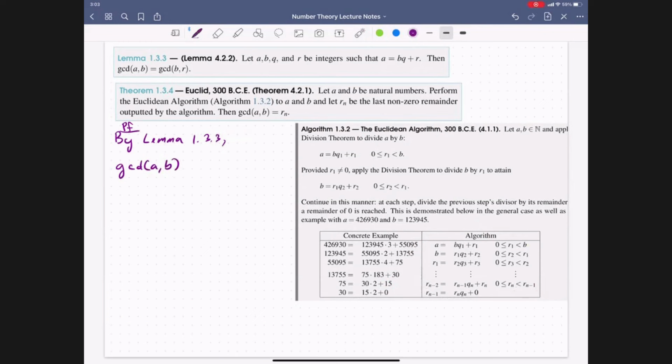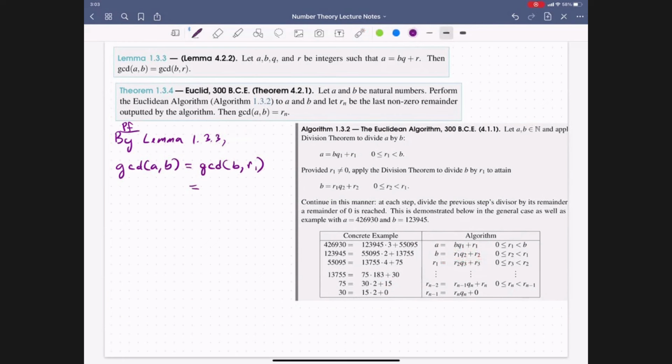So by the algorithm and lemma 1.3.3, we know that GCD of A, B is equal to the GCD of B and r1. But then when we get to B and r1, then we have this equation here. And so then the GCD of B and r1 is the same as the GCD of r1 and r2.